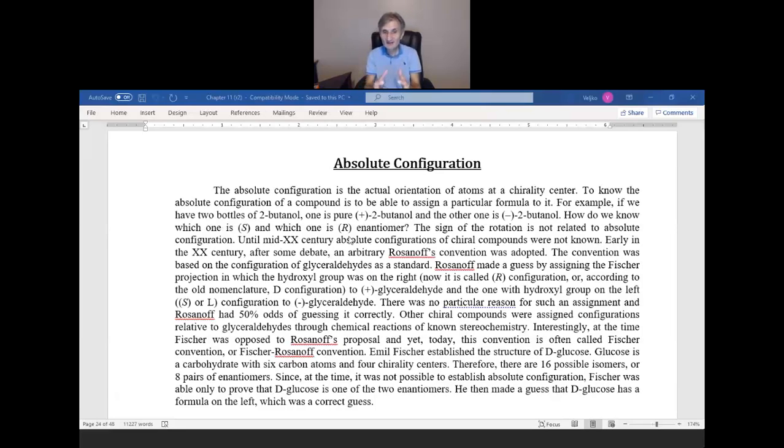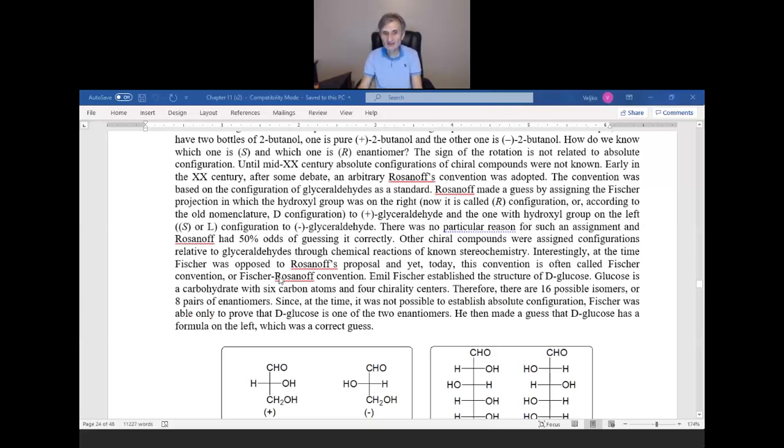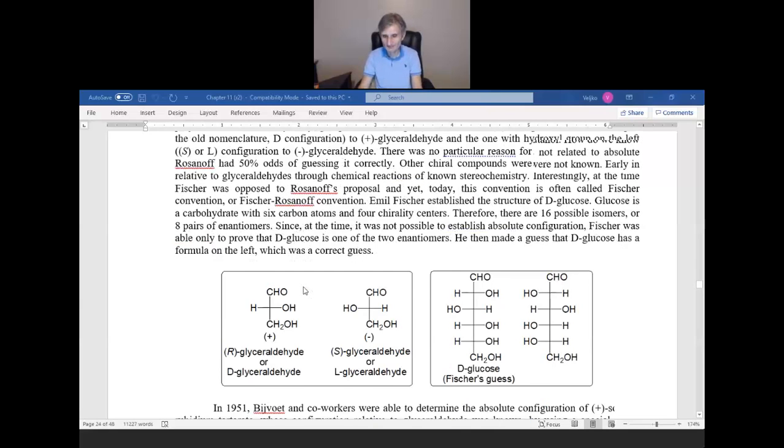But if we figure out which is which, then we can designate them, let's say, R-minus 2-butanol. That means we know that the minus enantiomer is R, and conversely plus is S. Then we know absolute configuration. So that's what absolute configuration means, that we know which enantiomer is which.